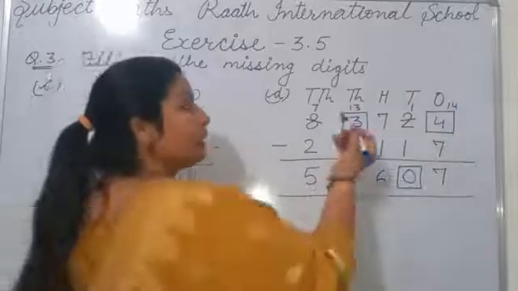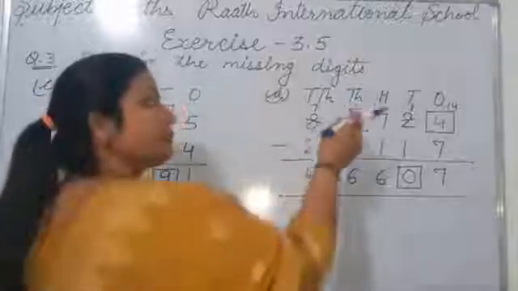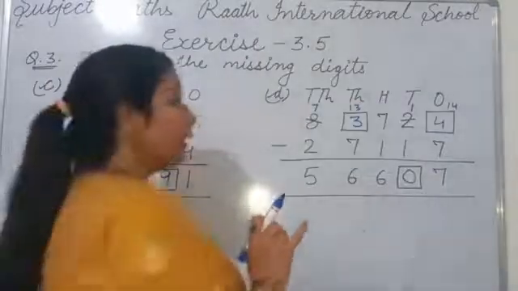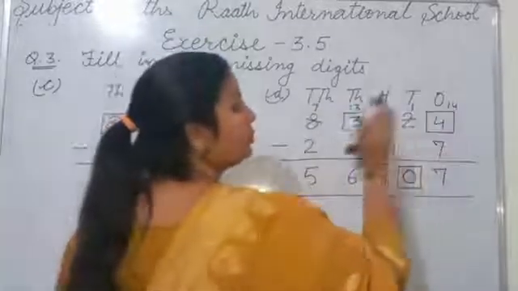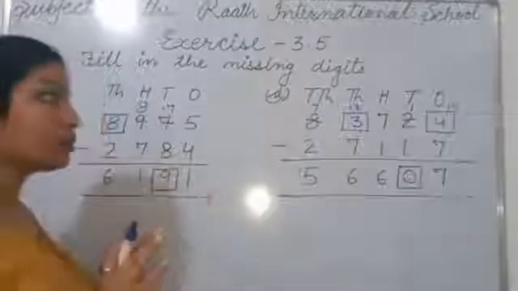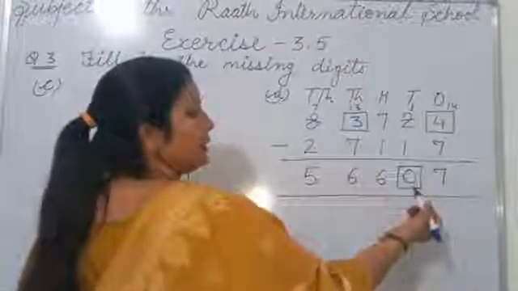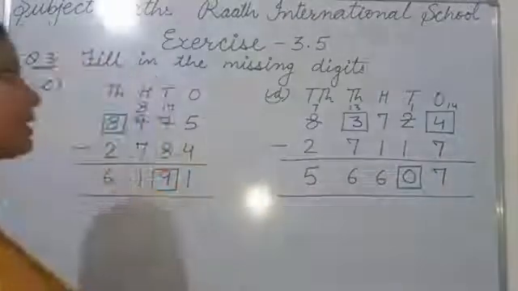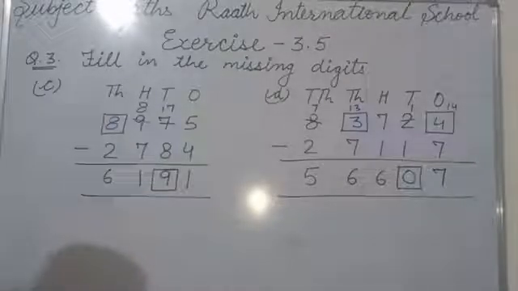If you want to show these, you can show them, otherwise if you are not showing, that's also correct. Only in the boxes you have to fill: here is 4, then 3, and there is an answer 0. So like this, this exercise is complete. You will complete this exercise 3.5.